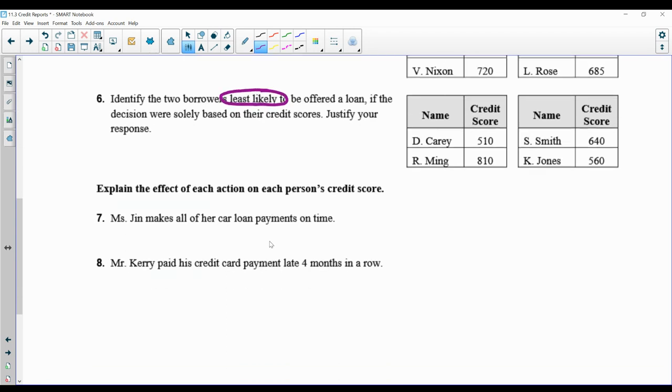Question number 7, it says explain the effect of each action on each person's credit score. So 7 says Miss Jin makes all of her car loan payments on time. So on time, so you need to check if that's going to raise the credit score or if that's going to lower the credit score.